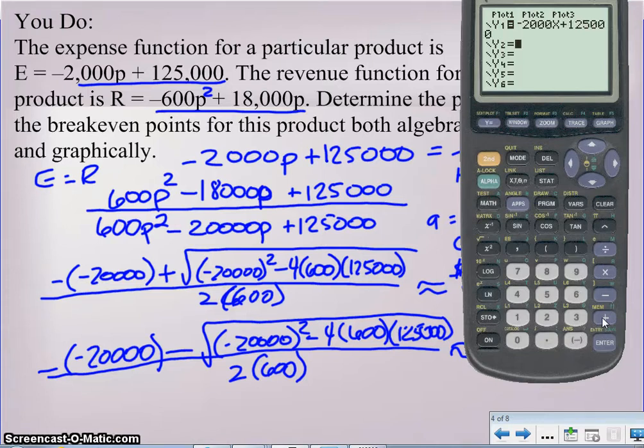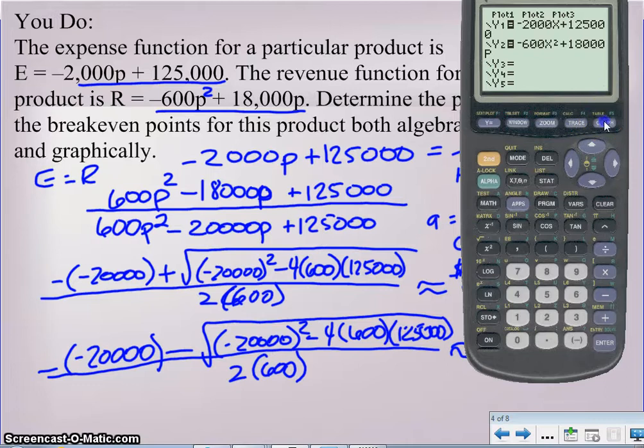Our second equation is negative 600x squared, so we're going to hit the x and then the square key, plus 18,000p.